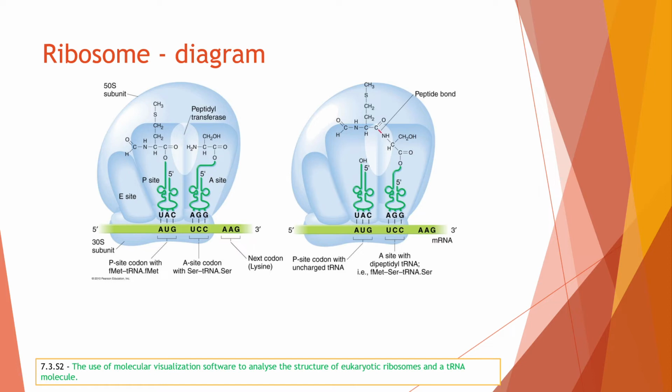But this diagram also illustrates one more important thing. The formation of a peptide bond is not the only thing which happens when two tRNAs position amino acids close to each other. You can see that when the bond is formed, another thing happens, and the amino acid which was first bound to the tRNA on the P site will be cut off from its tRNA, so the whole growing polypeptide is transferred onto the tRNA which was in the A site.